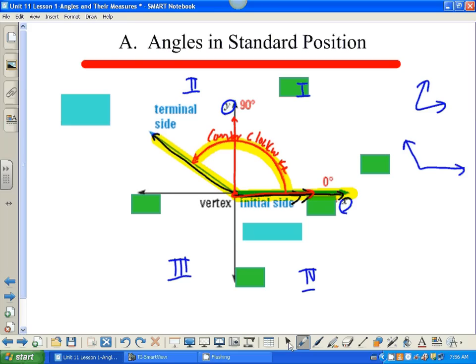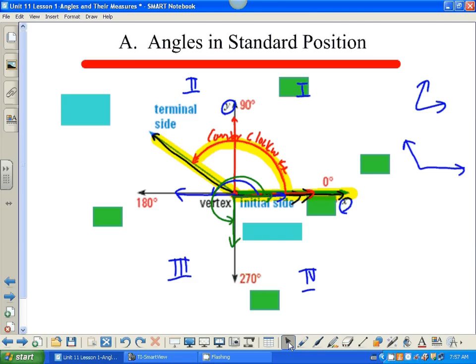If I would draw an angle where the initial side is on my positive x-axis and my terminal side is on the negative x, then my angle would be 180 degrees. If I drew my initial side and then my terminal side was on the negative y-axis, then that would be 270. And then one complete rotation, if I go all the way around, is going to be 360 degrees.